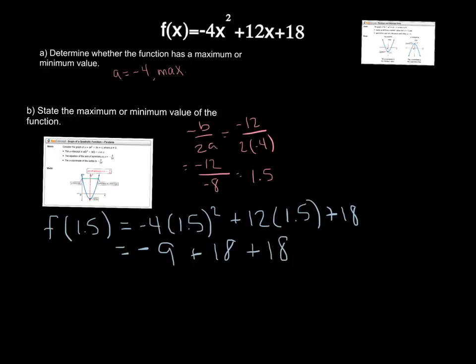And if you combine all of that together, you get 27. So our f of x, or f of 1.5, is 27. So we have a maximum of 27.